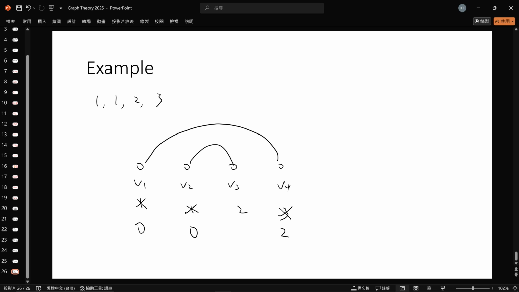Suppose we add V3. Next, let's pick V3, okay? So the target degree is 1, so we need to find one neighbor.